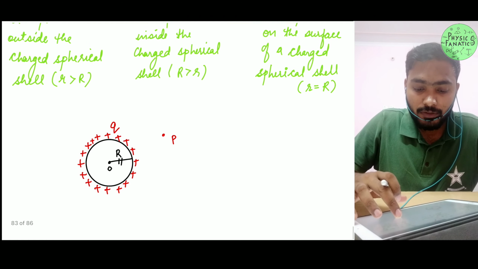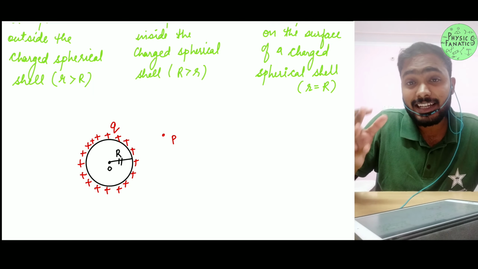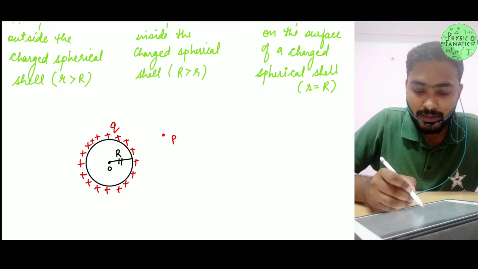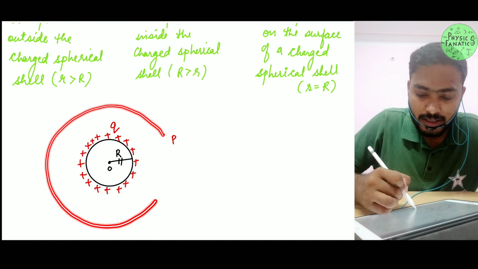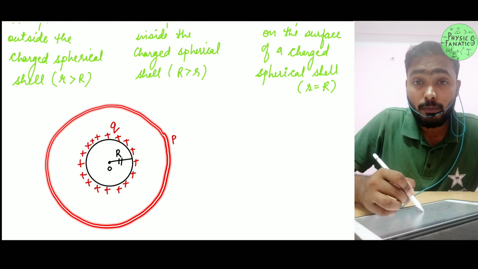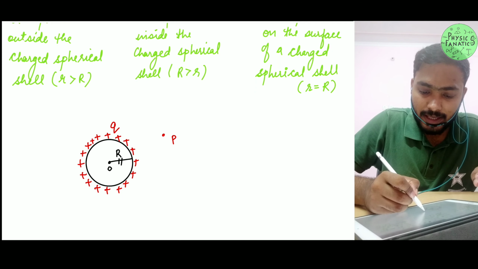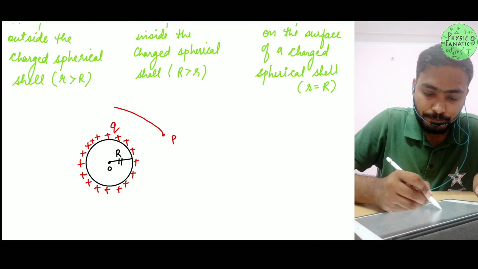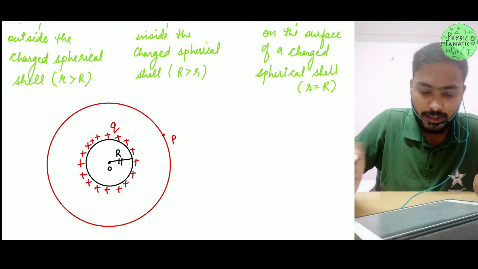One good inspiration that comes to my mind is that I should make a sphere which will pass through my point P, and I can call that sphere a Gaussian surface, right? Okay, let's make that. So there it is.